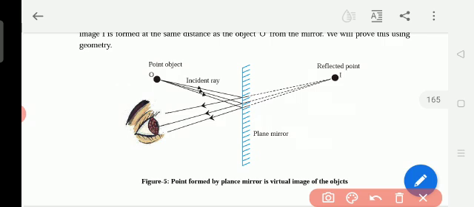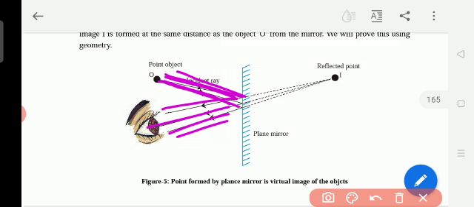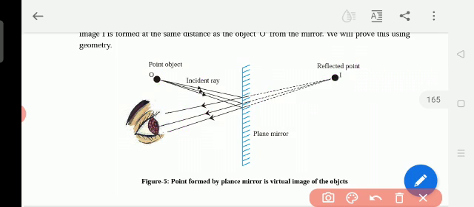Another point: the incident rays falling on the mirror, how many? 3 rays. All the rays, incident and reflected, going and meeting at one point, there only the image will form.